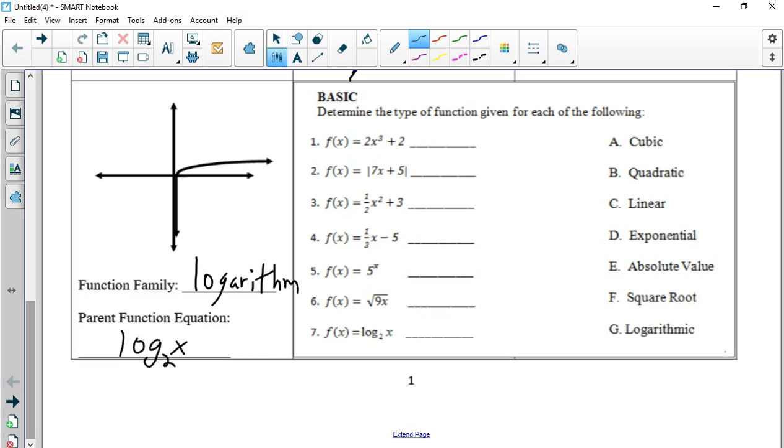All right, matching. So right here we have a little 3 here, so that's cubic. Here we have our absolute value bars, so that's E, absolute value. A little 2 here, that is quadratic.